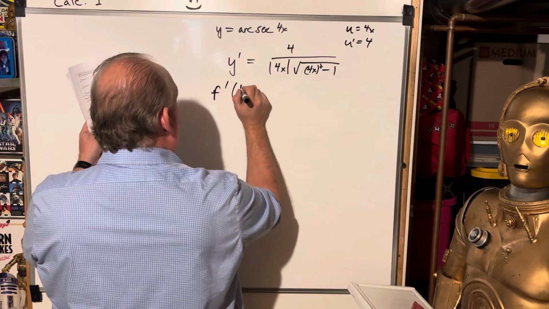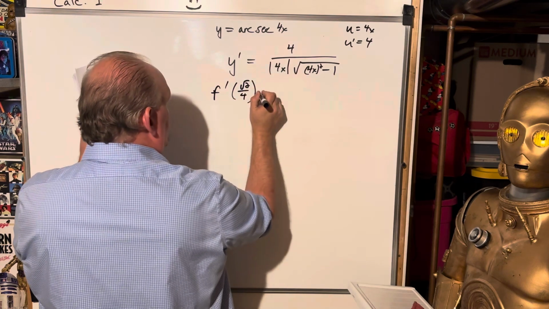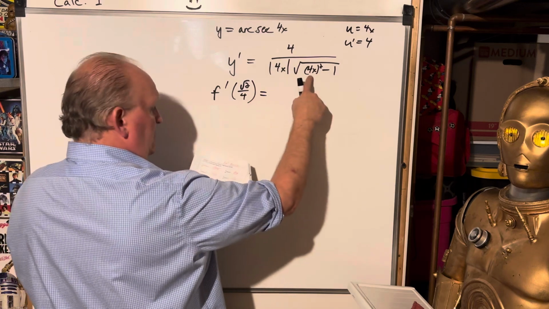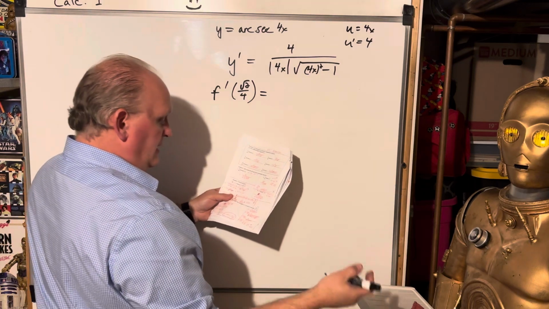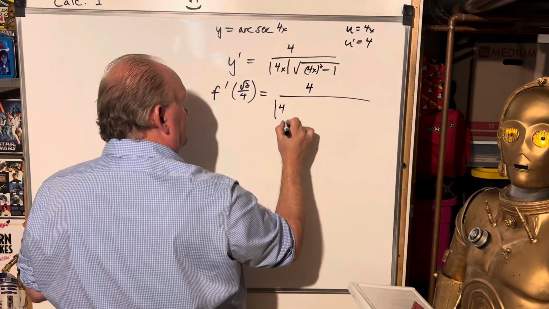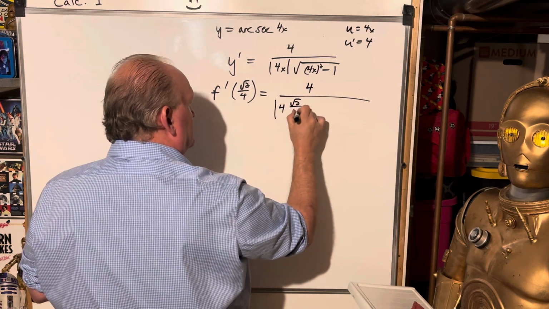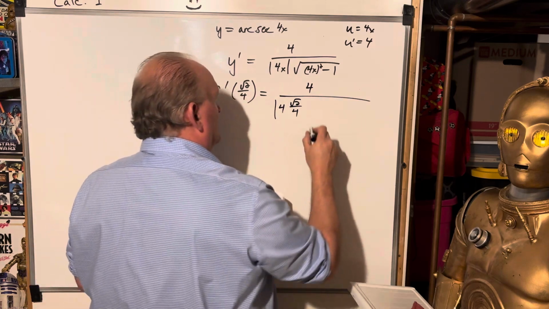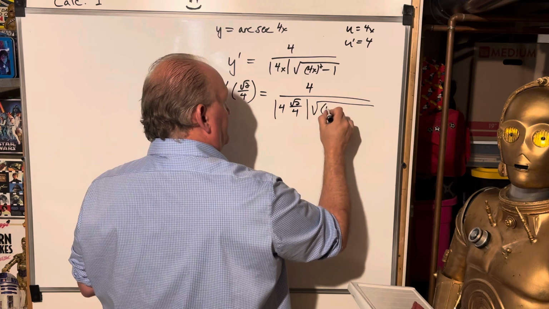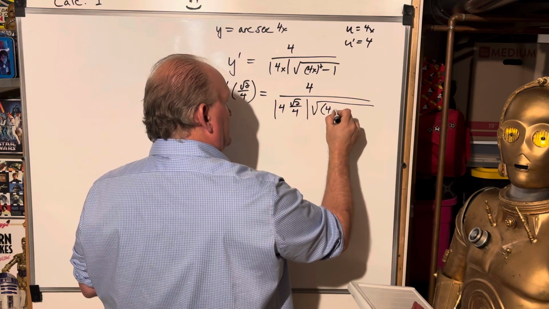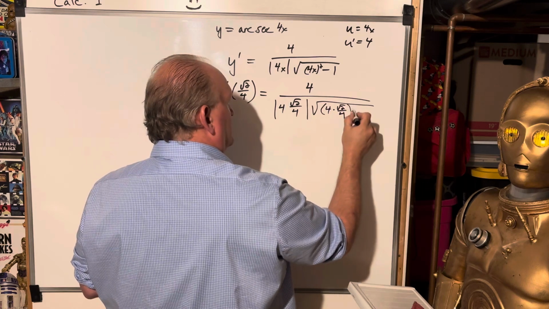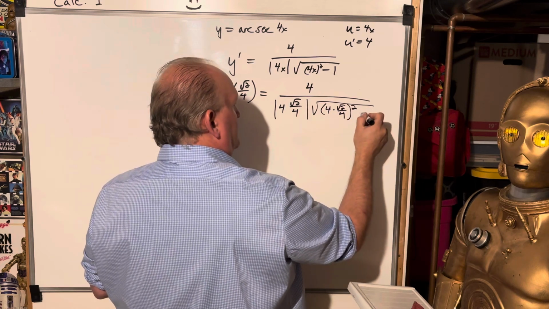of the square root of 2 over 4 for this, what we're going to do is put that in everywhere where we see an x. So you've got 4 over the absolute value of 4 square root of 2 over 4 times the square root of 4 times the square root of 2 over 4 squared, and then minus 1.